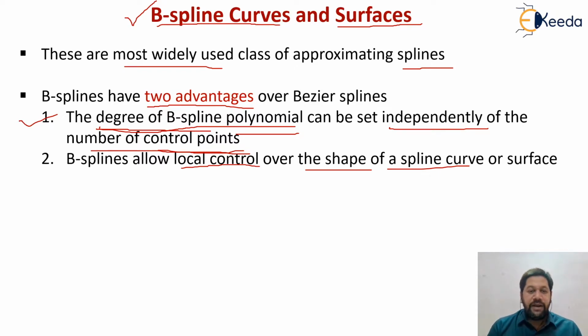The first is that the degree of the B-spline polynomial does not depend on the number of control points, so it is independent. The second is that the B-spline allows local control over the shape of the spline curves or the surfaces.